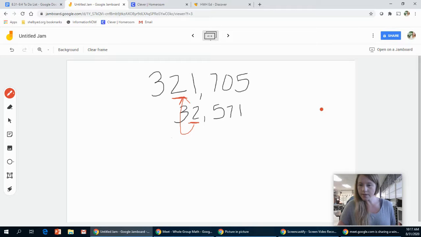How many times bigger is this 2? Instead of 2,000, I have 20,000.